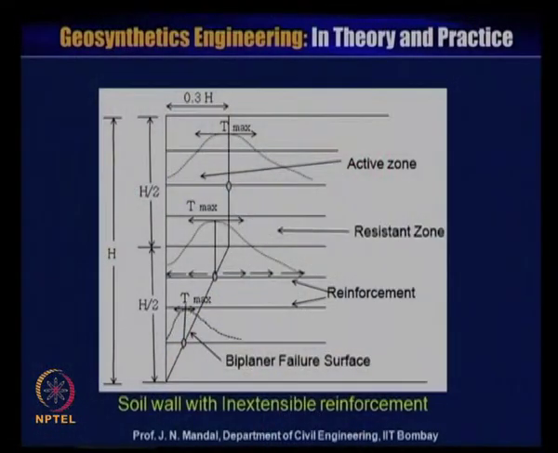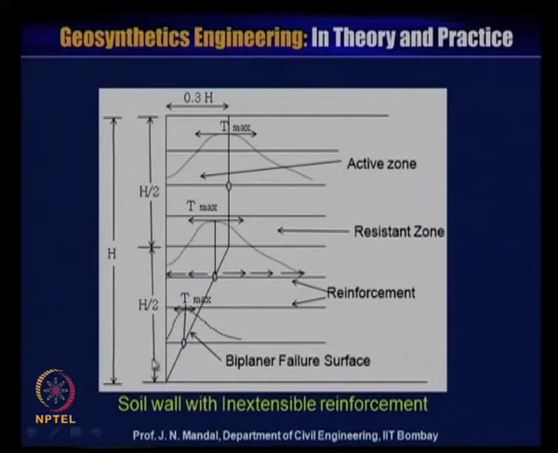So, in this lecture we want to show you what will be the failure envelope in case of inextensible reinforcement and in case of extensible reinforcement, and what is the locus of the point.